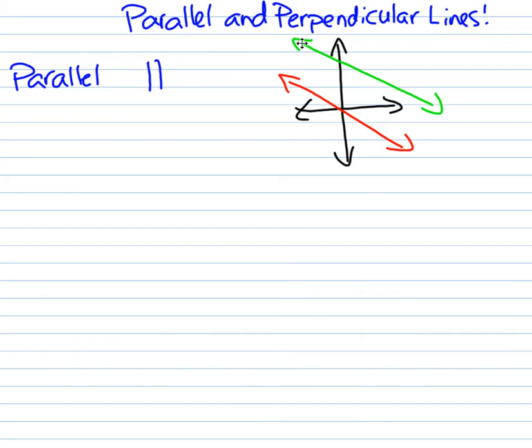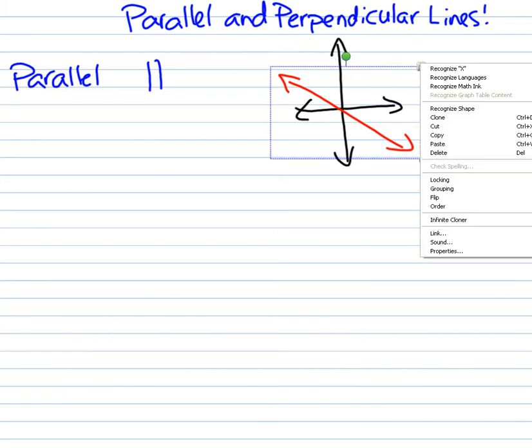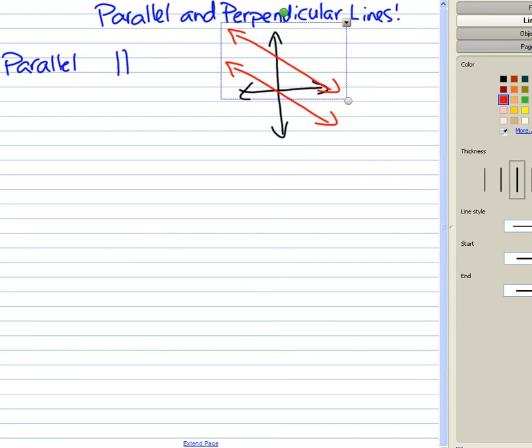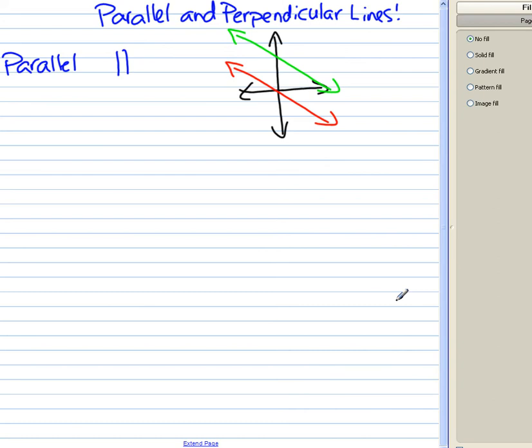Actually, I can do that better. There. Okay. So looking at those two lines, what can we say they have in common? And don't say they're parallel. Very good. Going in the same direction, so what does that mean?